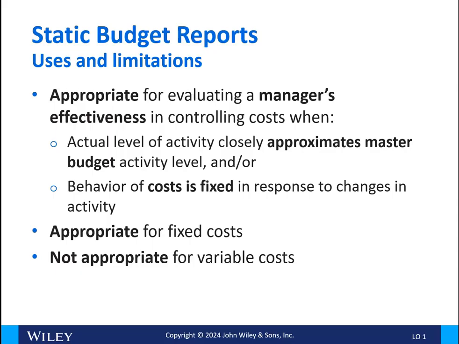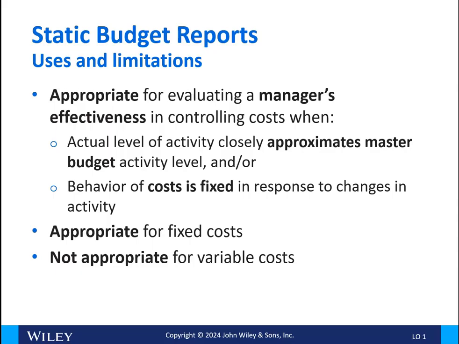So what we're saying is if our actual activity is in line with our budgeted activity, not much difference, then it's appropriate to use the static budget. If there's a wide swing in activity, it may not be the best report to use.